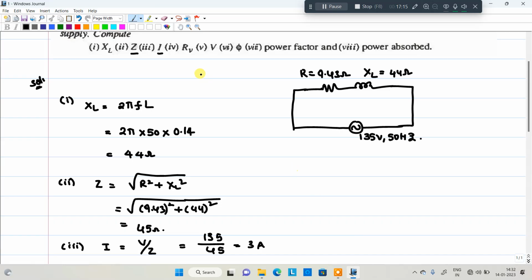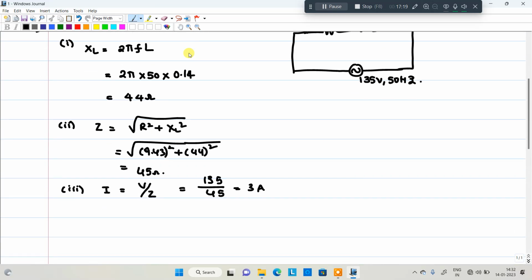Okay. Next, the fourth point, voltage across the resistance. VR is equal to I into R. I is 3 amperes, R is the resistance 9.43. That will be equivalent to 28.3 volts.